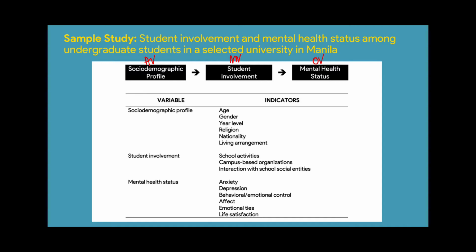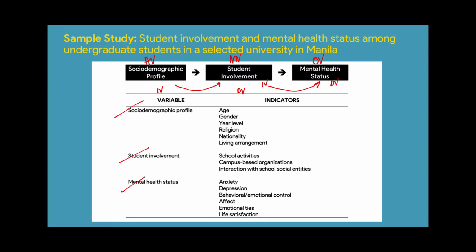The antecedent variable is the independent variable, and the main variable is the dependent variable in testing the relationship between the two. For the relationship between the main variable, student involvement, and mental health, the independent variable is student involvement and the dependent variable is the outcome variable, mental health status. So we have three variables: socio-demographic profile, student involvement, and mental health status.